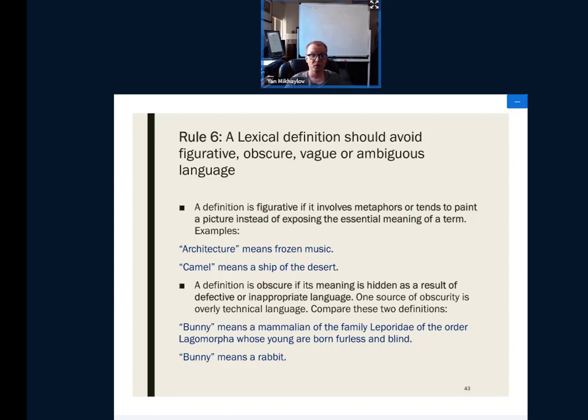Obscure language is something which is too difficult, defective, inappropriate, or otherwise not suitable. Something like bunny means a mammal of the family Leporidae of the order Lagomorpha, whose young are born featherless and blind. That's like, what? Too complicated for a lexical definition. How about bunny means rabbit? Much better. See?